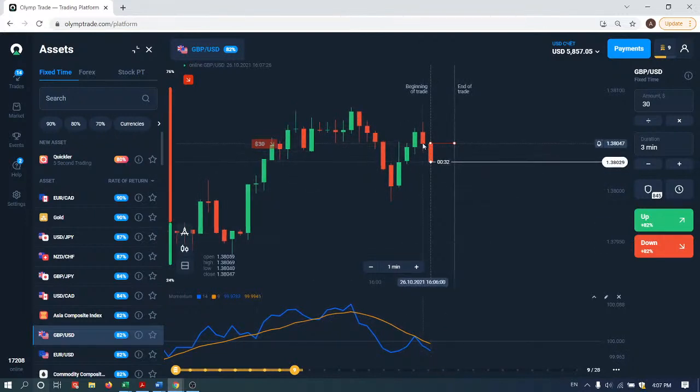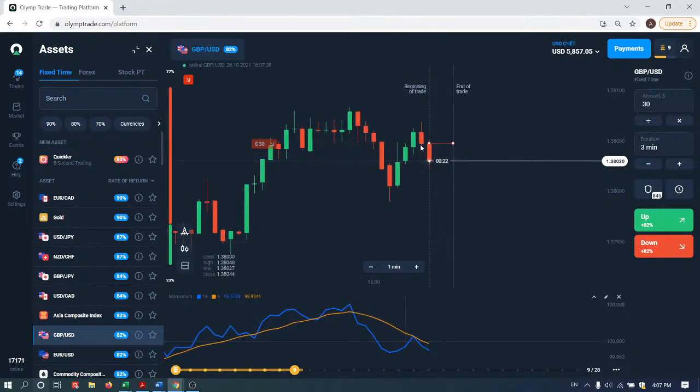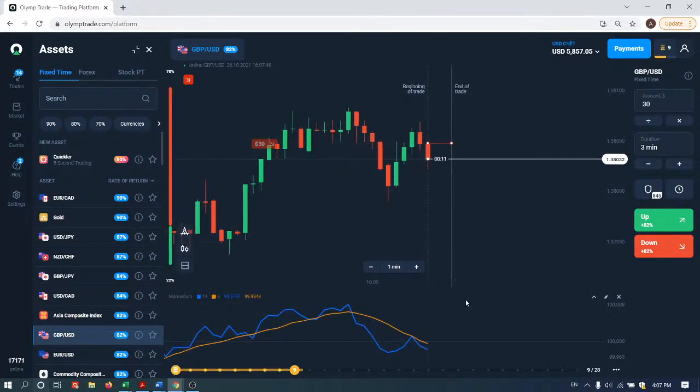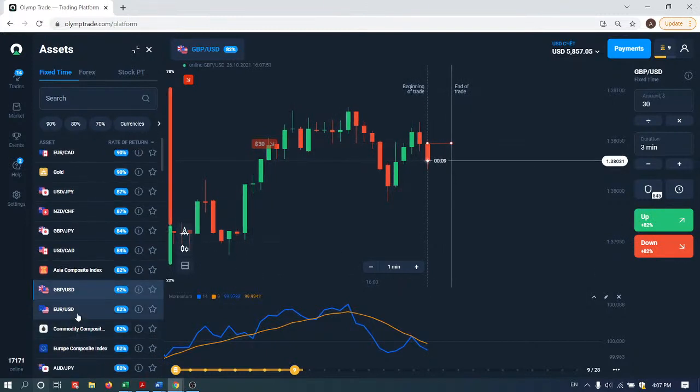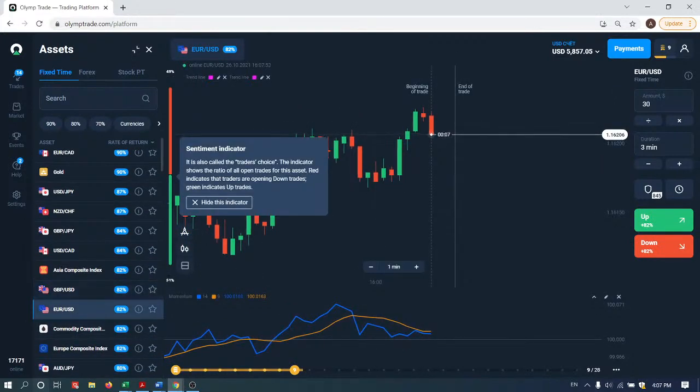So yes, this is the signal for a down trade because it crosses the 100 line from top to bottom, so downwards. So we follow the trend of the momentum indicator, and if the current trend on the momentum indicator is in the downwards direction, then we basically open a trade in the downwards direction. It's just as simple as that.